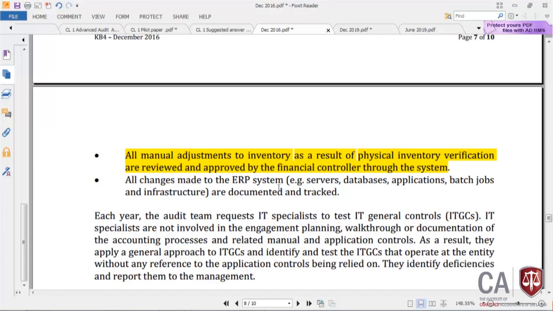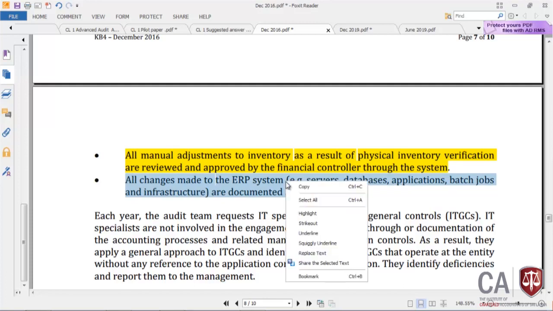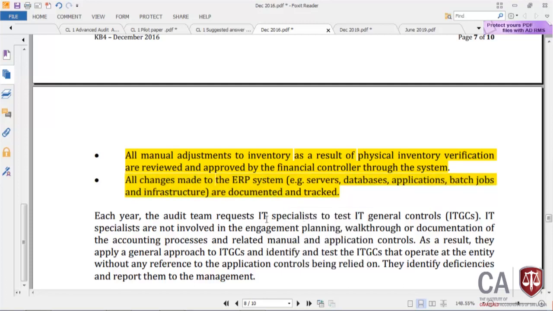Then the next one: all changes made to the ERP system are documented and tracked. Obviously, you know that is a general control.